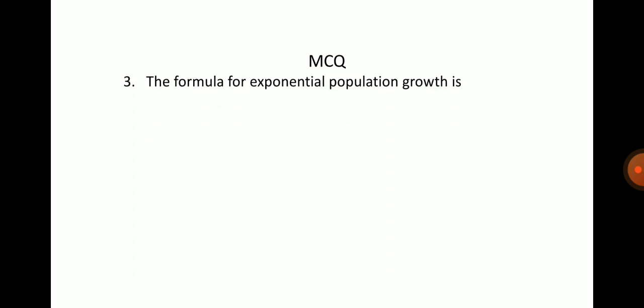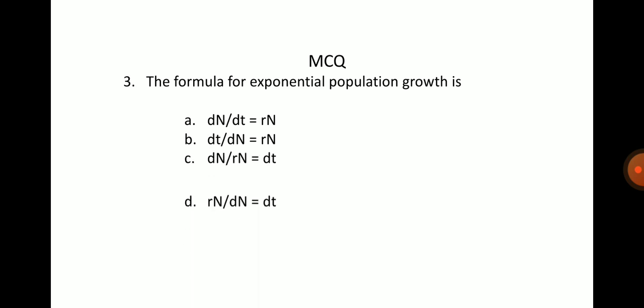Next question, the formula for exponential population growth is. Option A. dN/dt = rN, B. dt/dN = rN, C. dN/rN = dt and D. rN/dN = dt. So the answer is option A, that is dN/dt = rN.